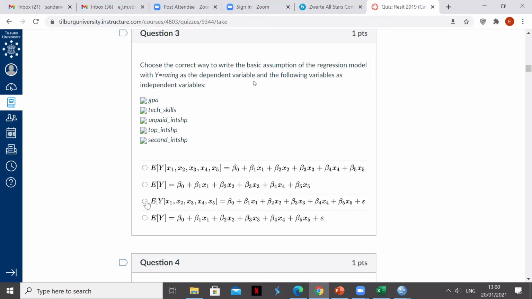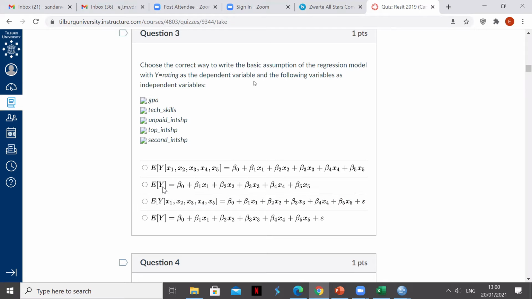Why is this one wrong? This one, the third one, is wrong because it says the expected value of y given the x's is this, but the expected value of y given these has an error term of 0, because that's the linearity assumption. So it can't be the third one. And it also can't be this one, because this is the expected value of y given that you have some x's.